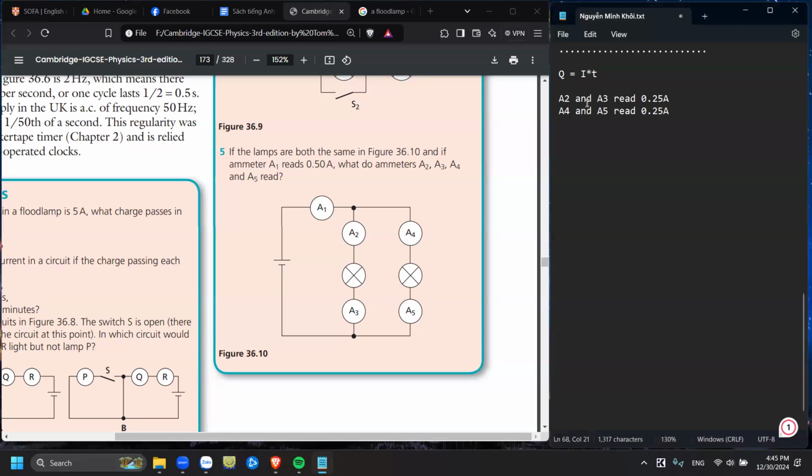Yeah, I understand it now, because it's the same flow that split into two, right? So 0.5 splits into two, you have 0.25 here and 0.25 there, right? Is it understandable now?